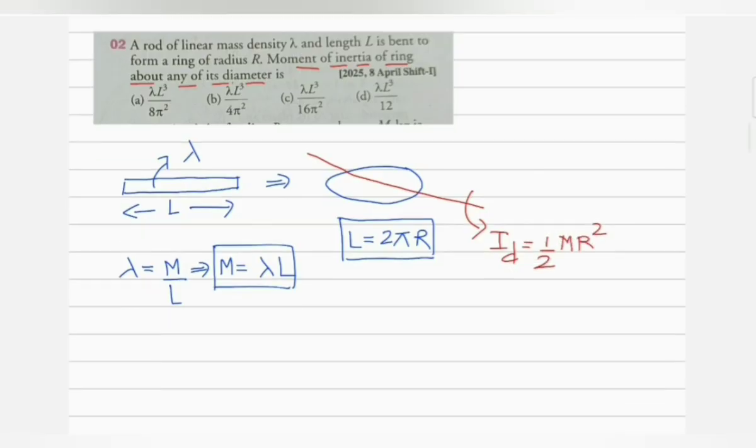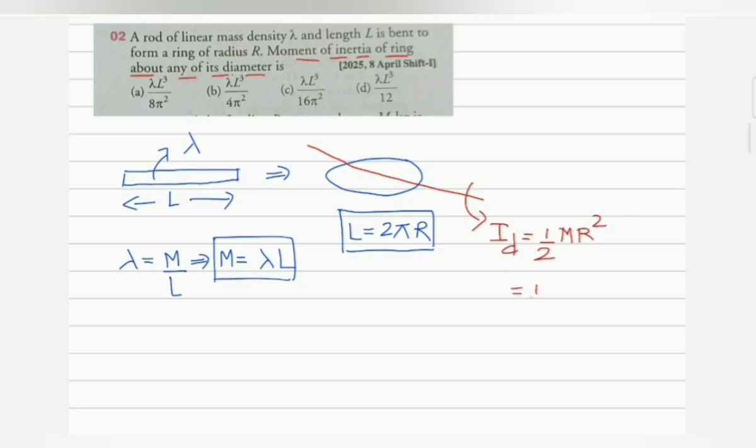Getting this, students? 1 by 2 mr square. Instead of mass, I can use equation number 1 and say that mass is lambda times L, alright? And then using equation number 2, I have to replace the radius there, the square will remain as it is. Instead of radius, I can use L divided by 2 pi.